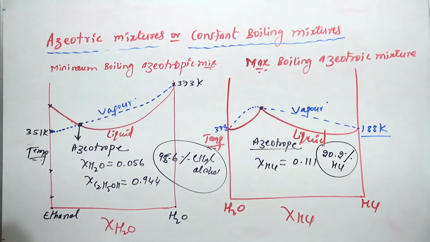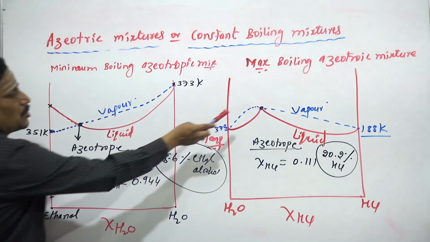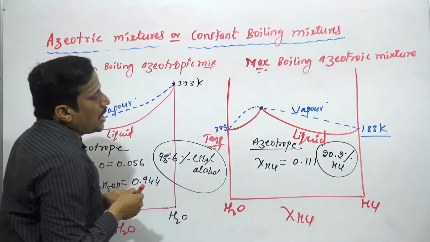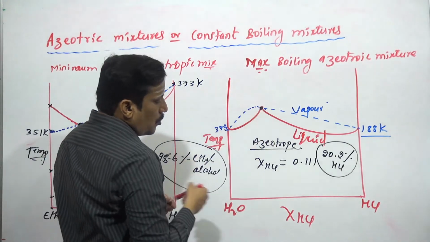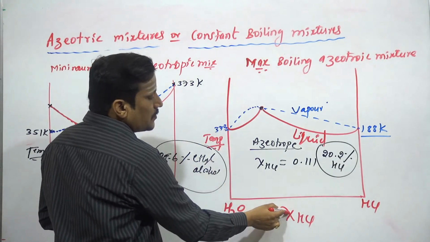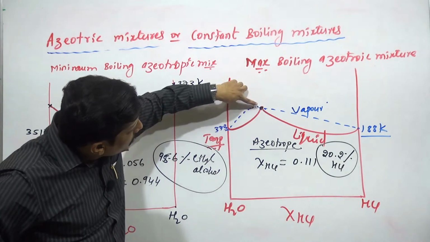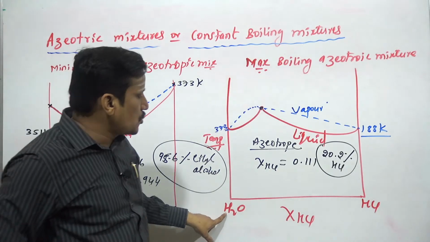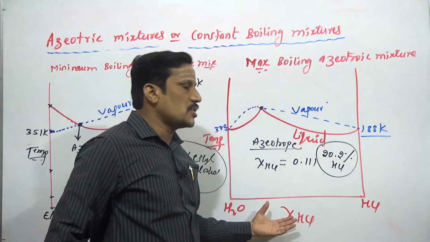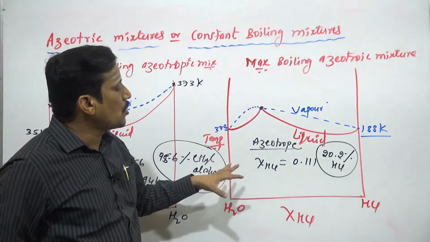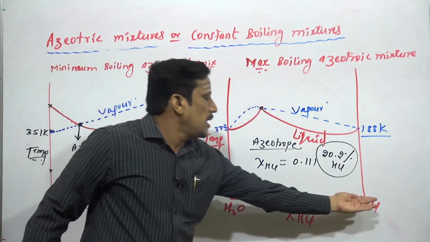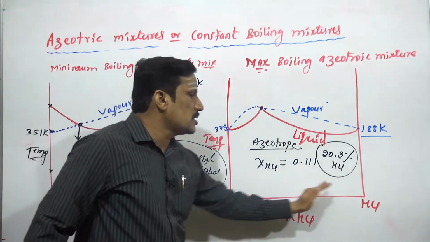What is happening? At this point, the mole fraction of HCl as well as water is constant. They are the same. If you are plotting a graph of mole fraction of HCl versus temperature, the HCl decreases this side, and water decreases this side.